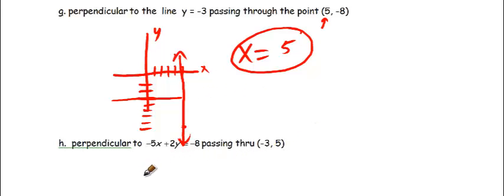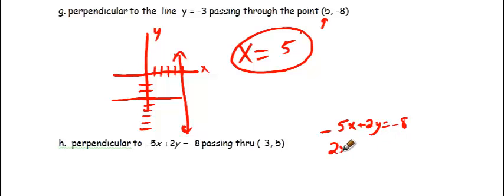All right, the next one's a little bit more straightforward, but it's kind of tricky as well. So we want to be perpendicular to this line, negative 5x plus 2y equals negative 8. So I need a slope from this. It's not vertical, it's not horizontal, I can't just sketch it out. You actually want to solve this for y. So add the 5x over there.